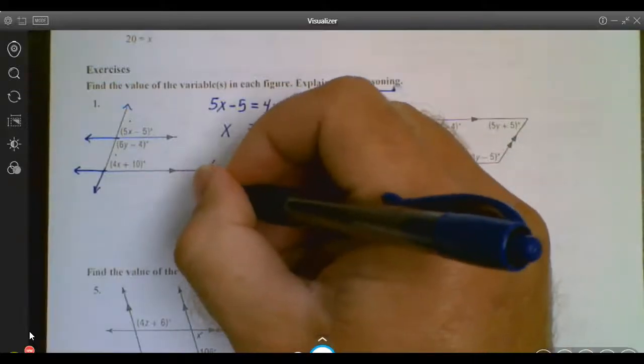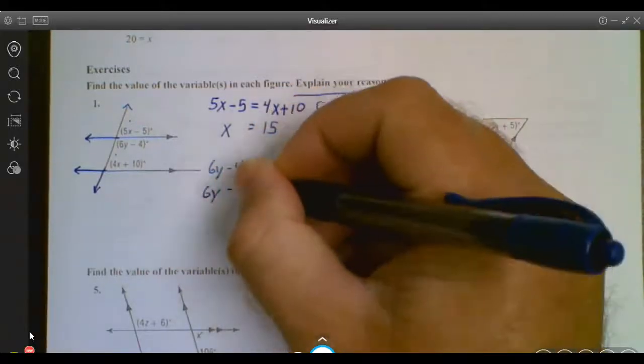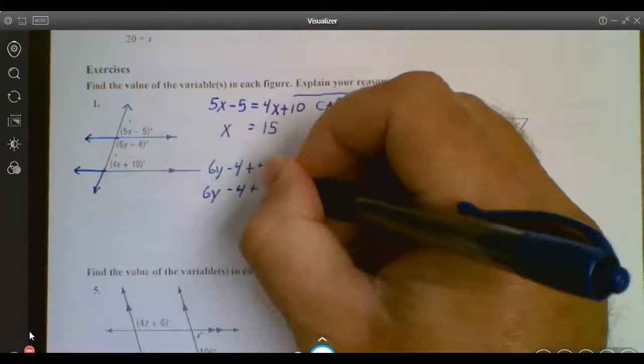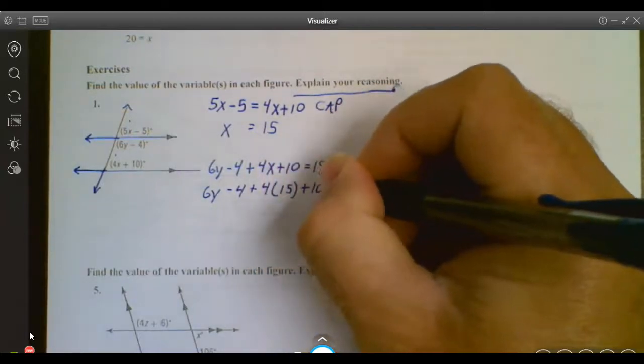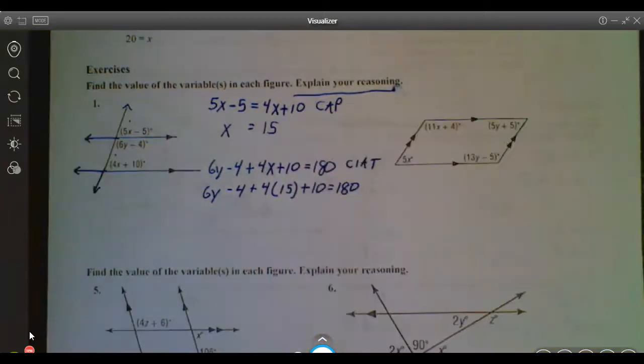So I can now replace or substitute 15 in for x, so that I only have one letter in this equation, and that's super important. Now you could go on and finish solving, so you can do the algebra. And just to keep the video a little shorter, I'll let you do that part on your own. You can solve for y, and that would be the end of it.